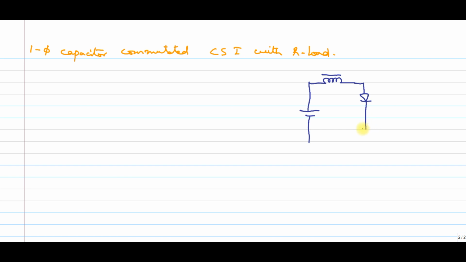Again one more thyristor. Of course, this is just like a full wave bridge inverter. I'm not drawing the load here. You can just observe the structure of this single phase full wave bridge inverter, so that you can easily understand this.